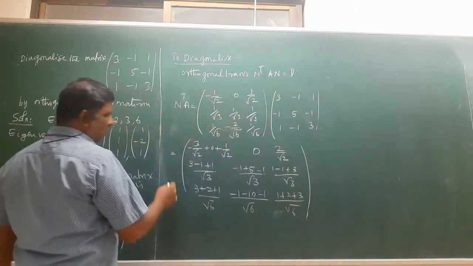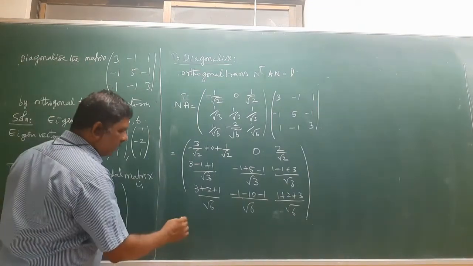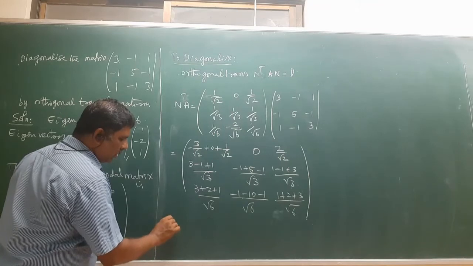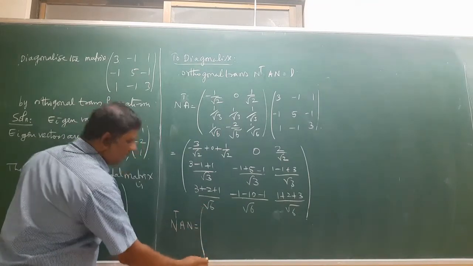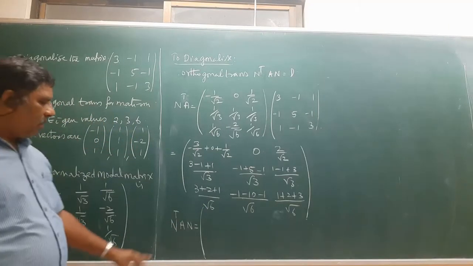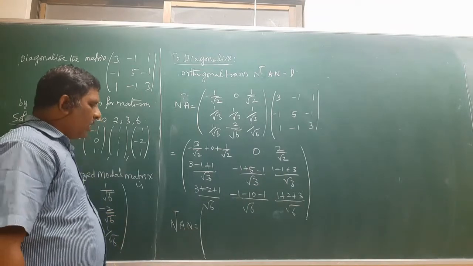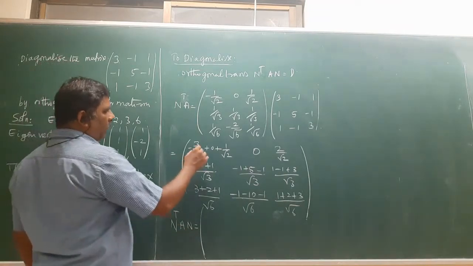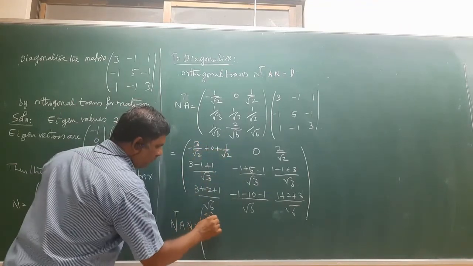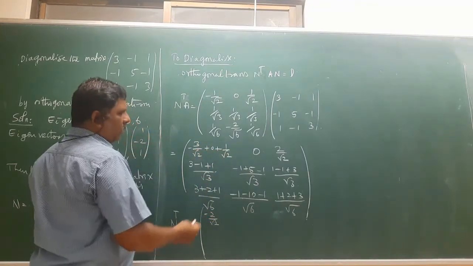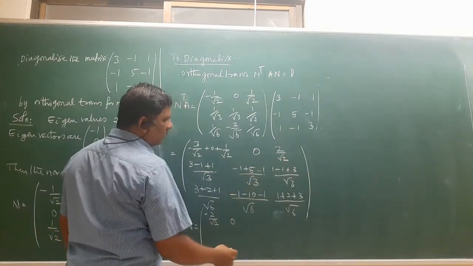This one is N transpose A. Finally I am writing here N transpose A, N. First you have to write N transpose A, then multiply with N. So N transpose A is minus 3 plus 1, minus 2 by root 2. Second one is 0. Third one is 2 by root 2.